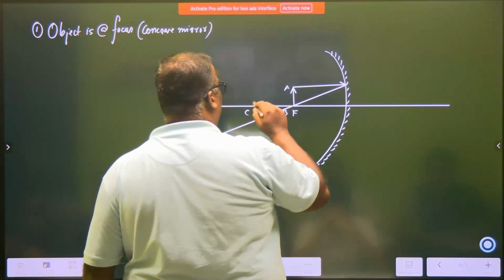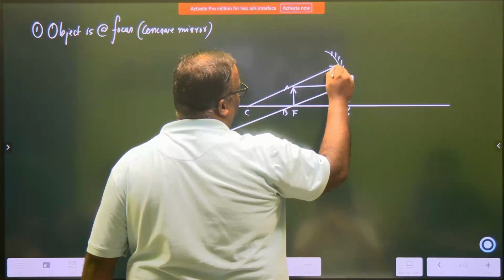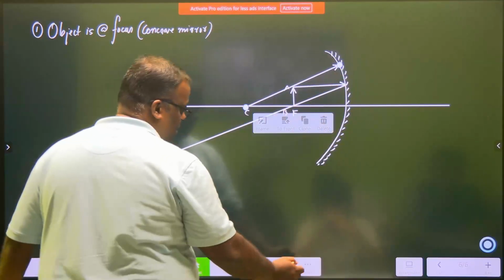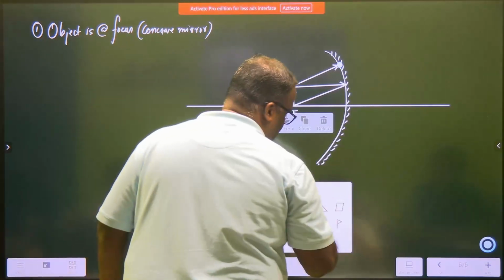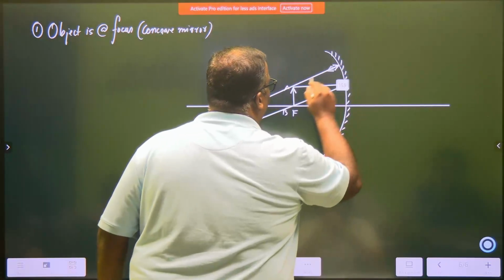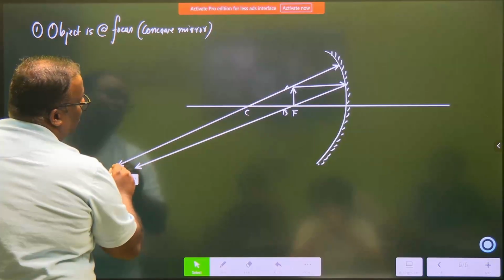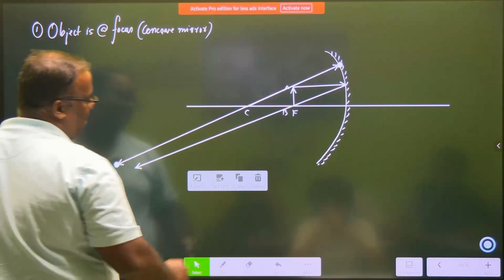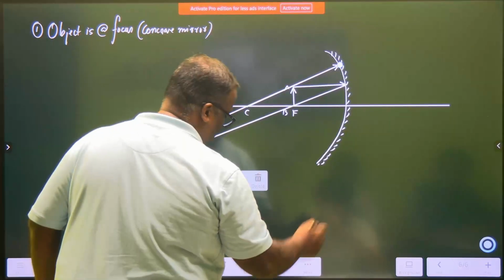A ray which passes through the center of curvature, what was the rule? It comes back on the same path. In other words, we say it is reflected undeflected. Now, there is a little bit of anomaly, but anyways.